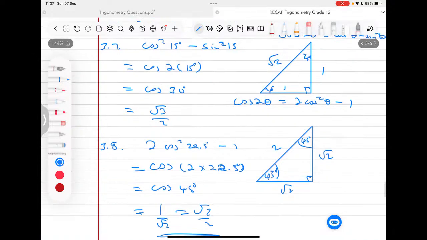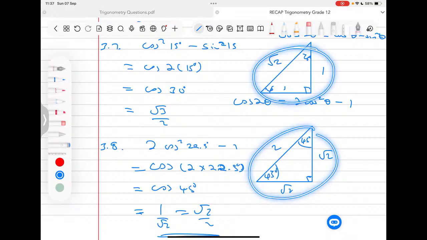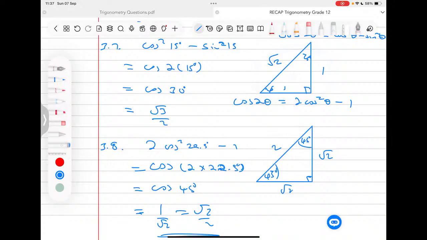So it doesn't matter which method you were taught in class, as long as you remember these triangles. Usually these questions have to be solved without a calculator. I know you go with a calculator in an exam, and you can punch it in, but these are skills you need to learn, especially if you are aiming to do mathematics at tertiary level, because there you don't use a calculator. You may want to start learning some of those skills now.